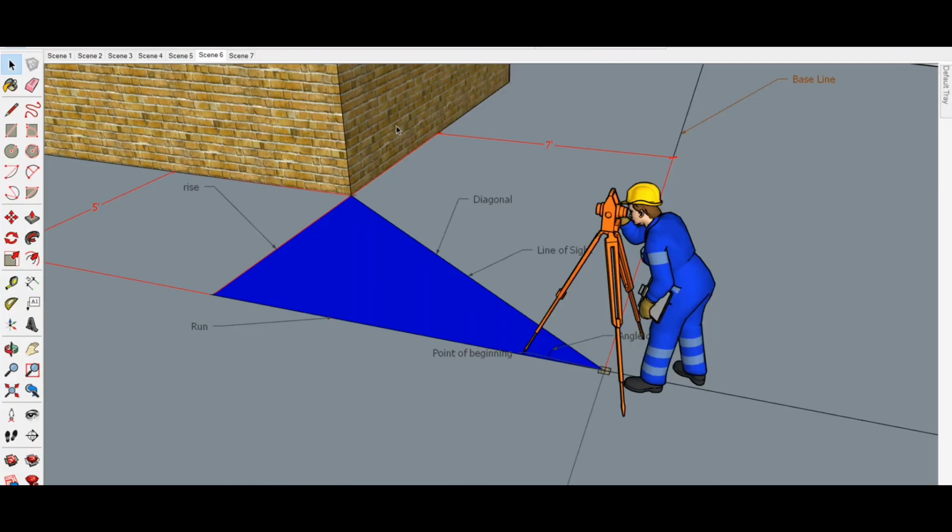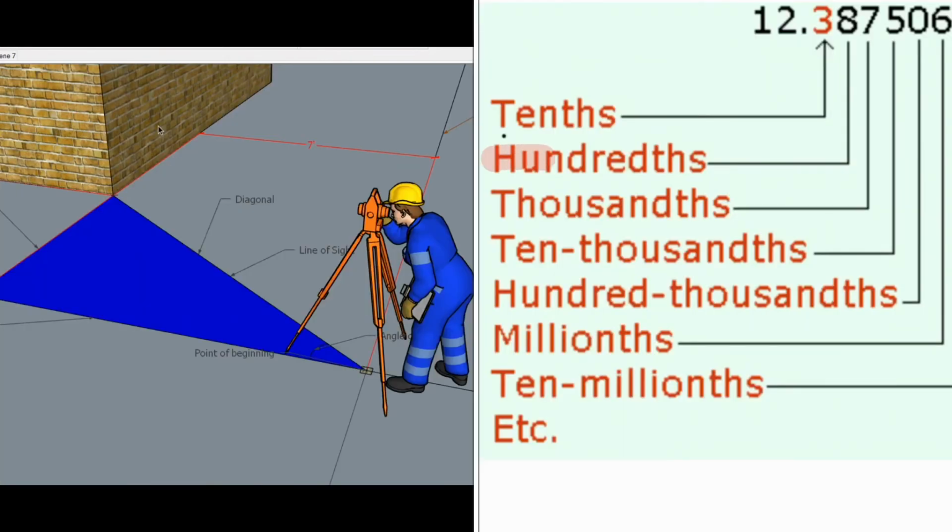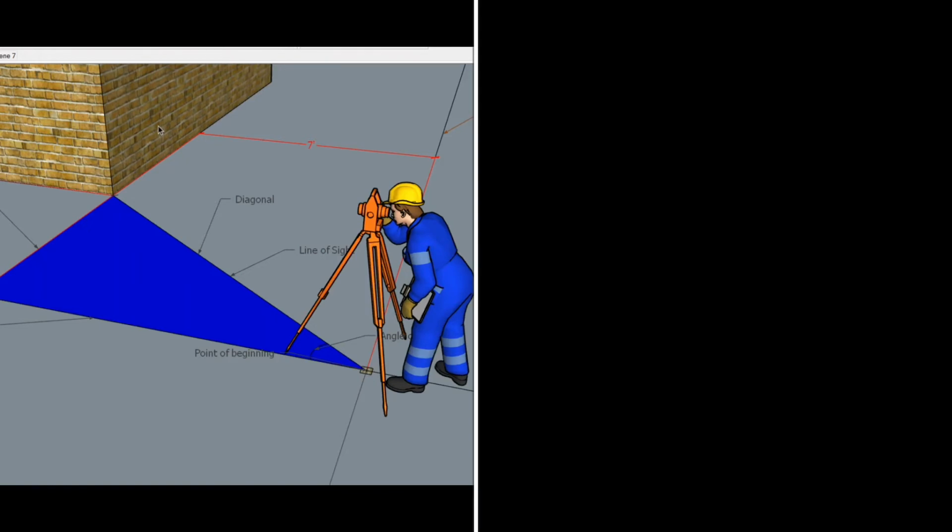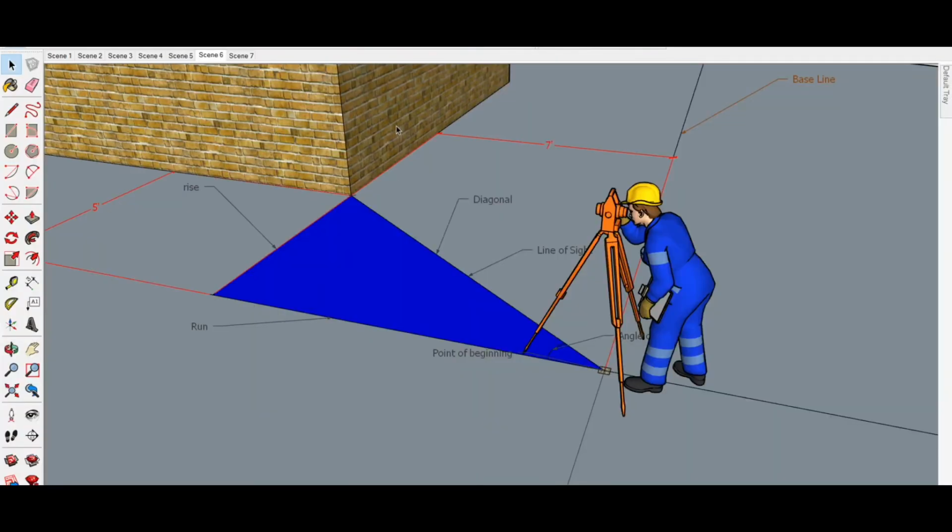What that does is it will take the decimal degree out from the hundredths all the way out to the hundred thousandths. This makes it more accurate, so when I convert it to degrees, minutes, and seconds, it'll be far greater accuracy. If you're working with the tablet or the app, just go down to your settings, find decimal degrees, and make sure that's on float. Once it is, we can get started.